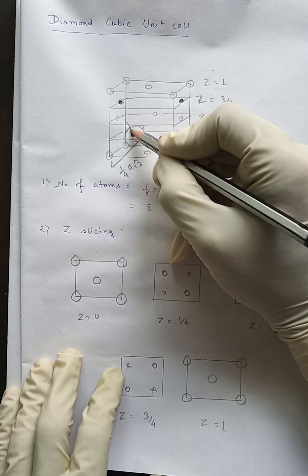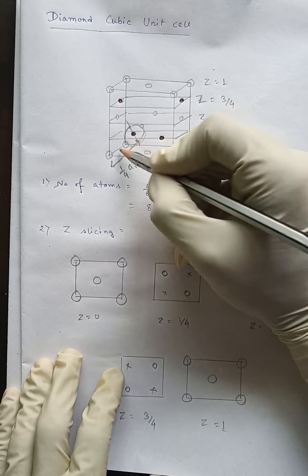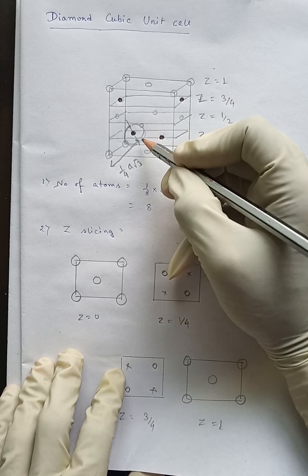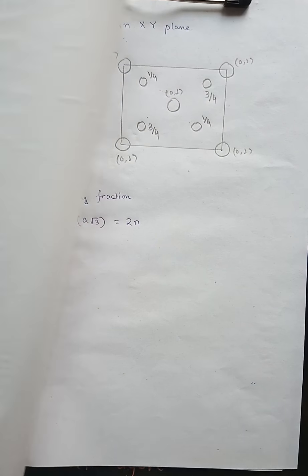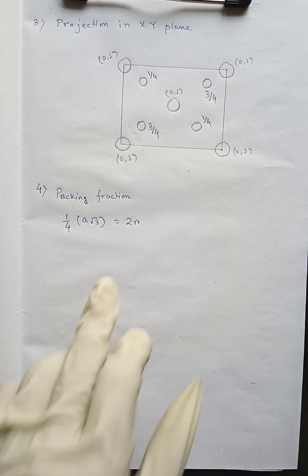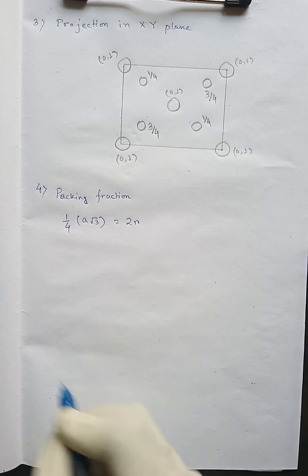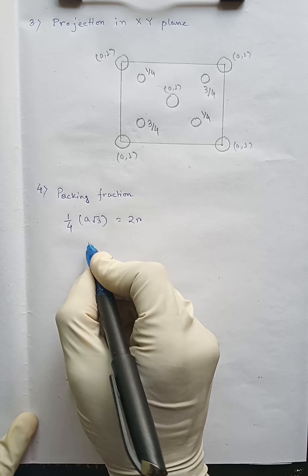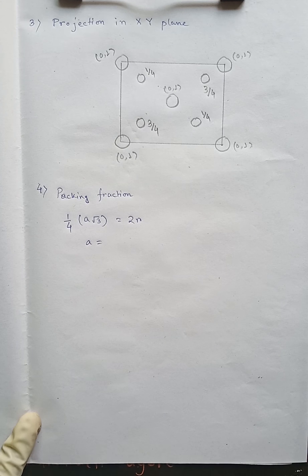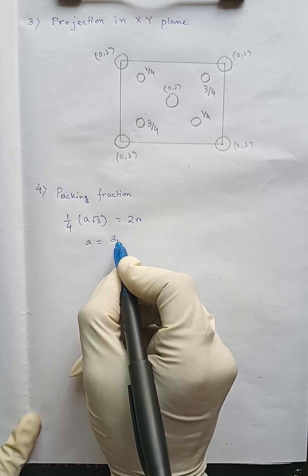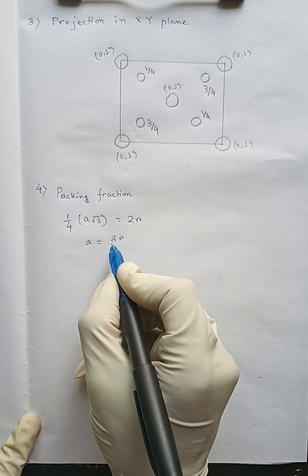Actual case, half of this atom is in touch with this and another half with the others. So this is the important relation in case of diamond cubic unit cell, and from this we can easily determine the value of a, which will come out 8r by root 3.